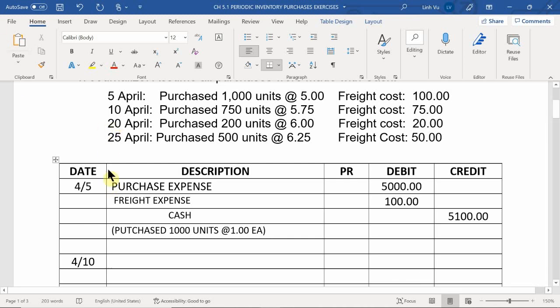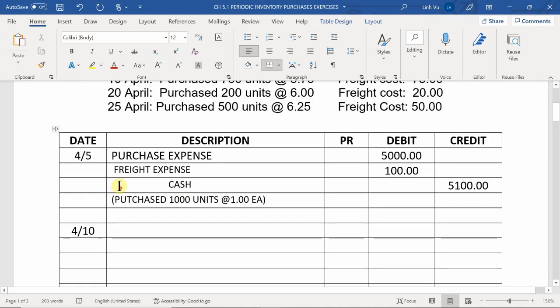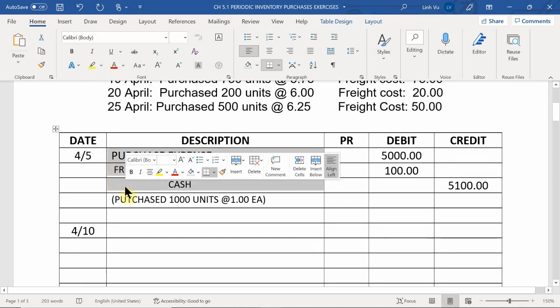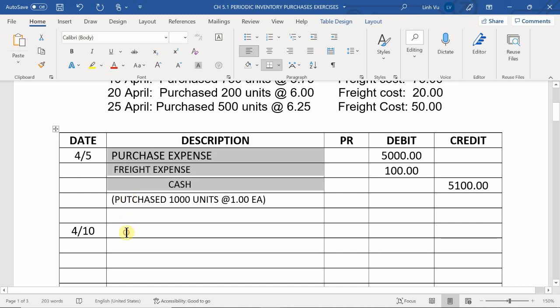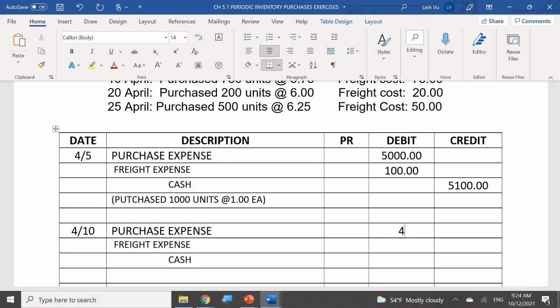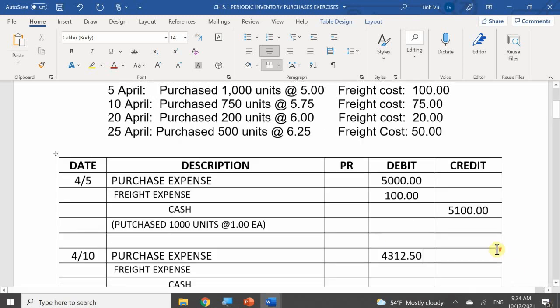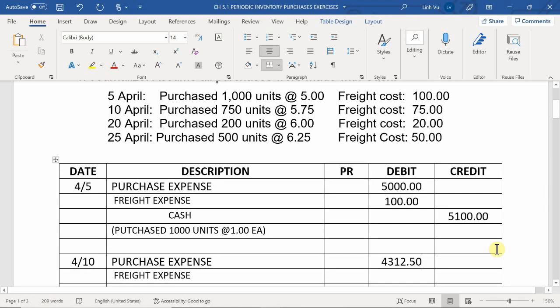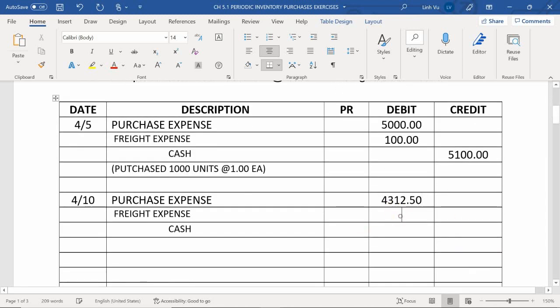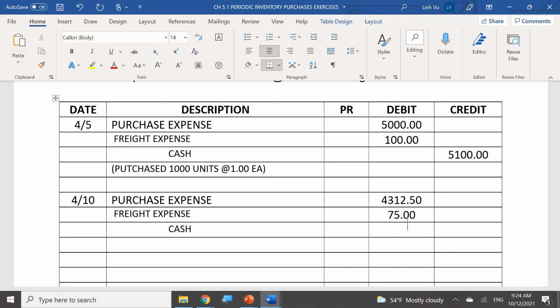Okay, good. Now in this case, because we're using technology, I am also able to just copy and paste all this. Okay, so boom, right? So in this case, it was $4,312.50, right? How much was my freight? 75. It was $75. Okay, giving me a grand total paid in cash.